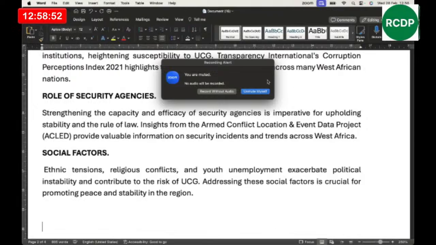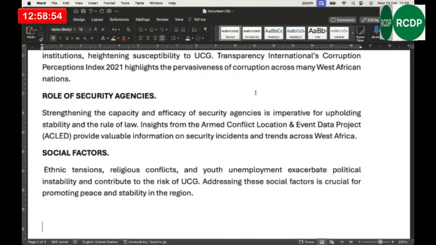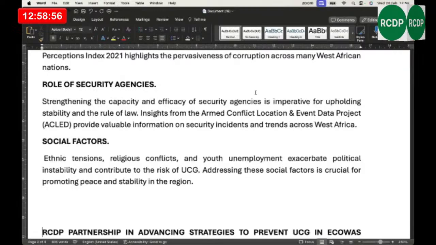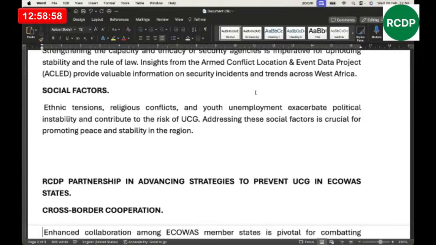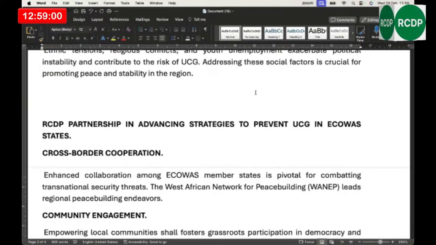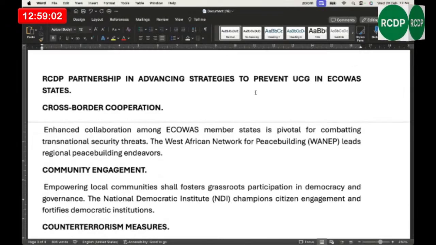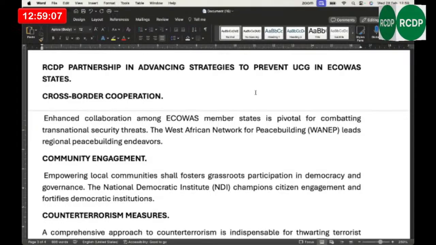So we have identified certain regional or international organizations that the RCDP is going to partner with, that are actually addressing these in other ways. There are institutions that are being institutionalized to look at some of this. Cross-border cooperation, which is enhanced collaboration among ECOWAS member states, is pivotal for combating transnational security threats.